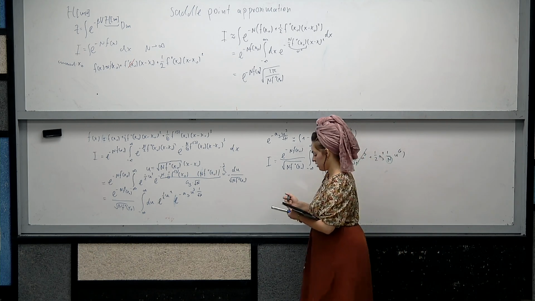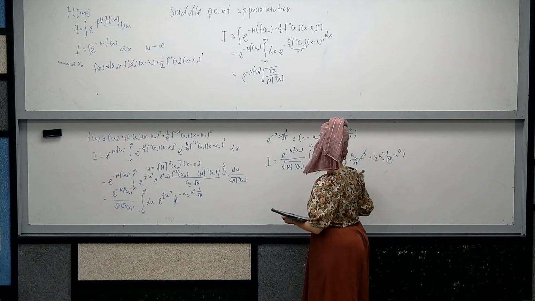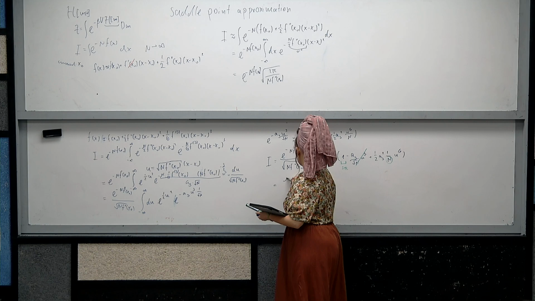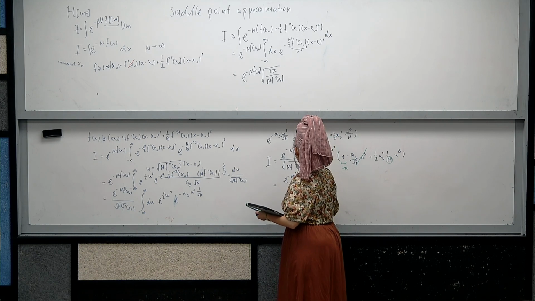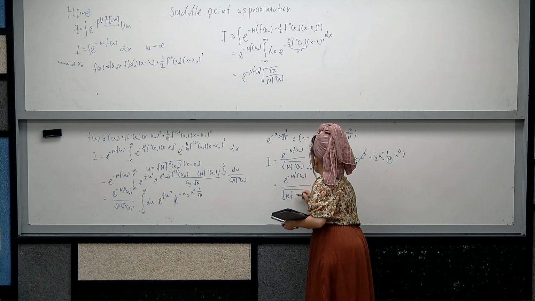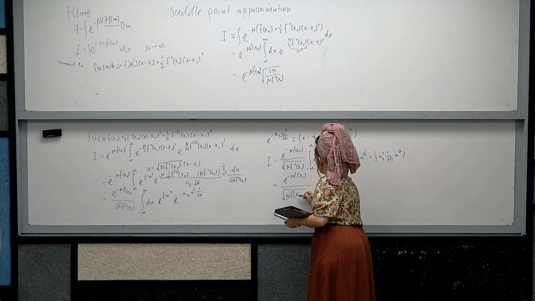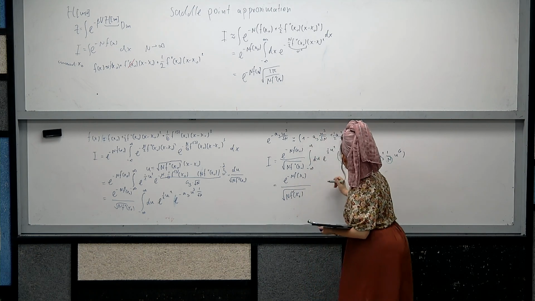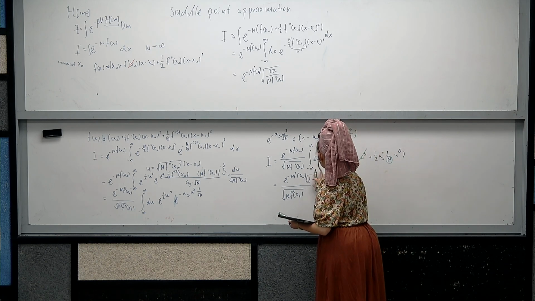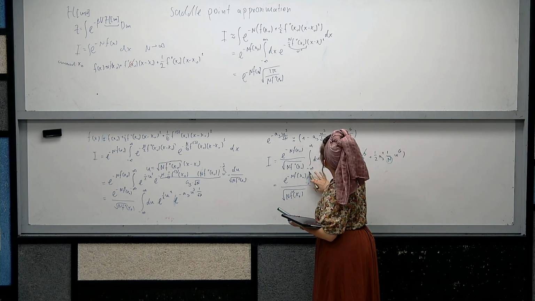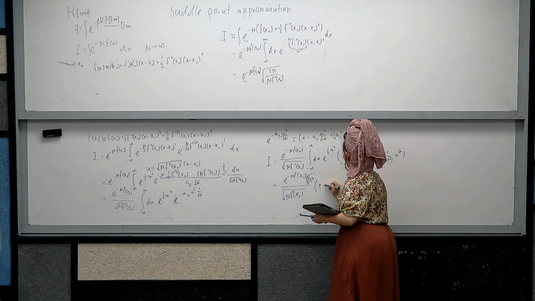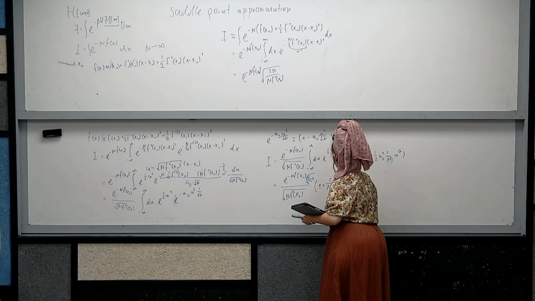So we can call the result just C, and then we have e to the power minus n divided by square root of n again, and then one plus C over n.